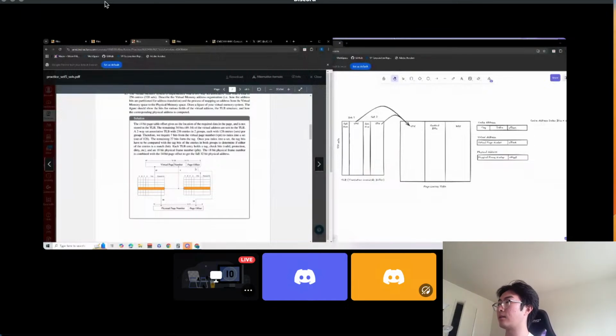Okay, and this must mean that the offset is the same, but this number changes, so this is going to be 18 bits. So we have 18 bits for the frame number. Okay. And then we need to find a way to map this 48-bit cache address over to a 32-bit physical address. All right.